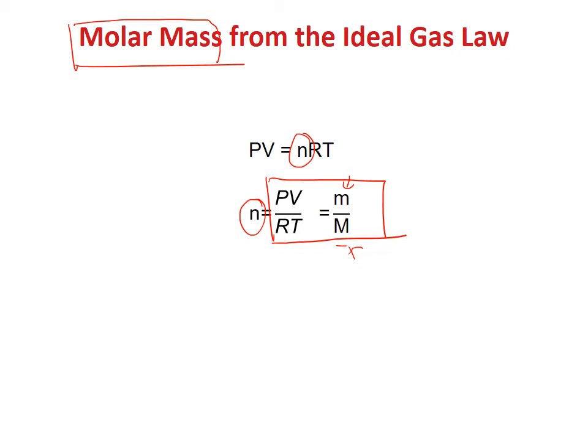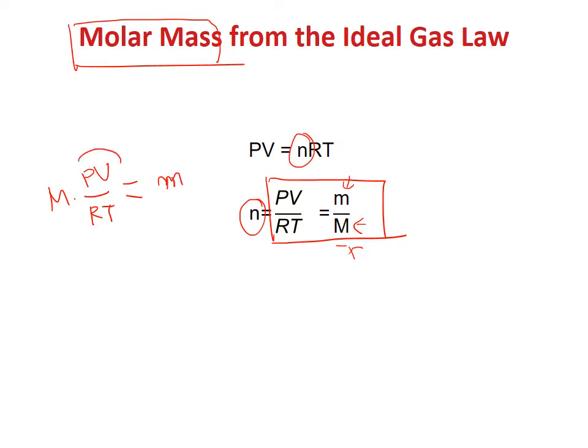To calculate molar mass, we can multiply by molar mass on both sides. The left side becomes M times PV divided by RT. The right side becomes m, the mass.